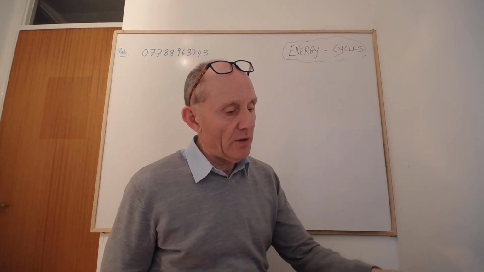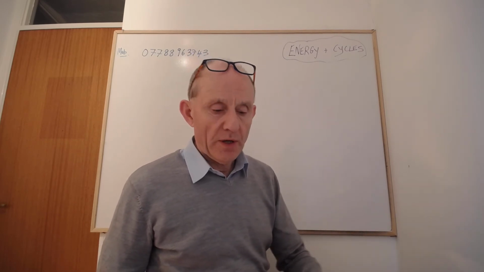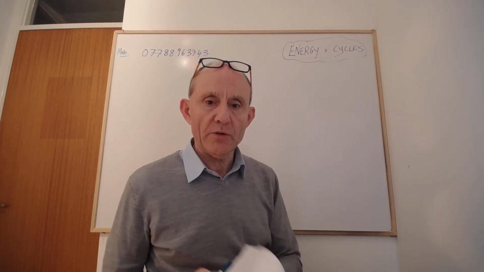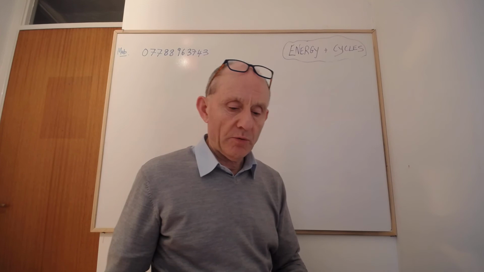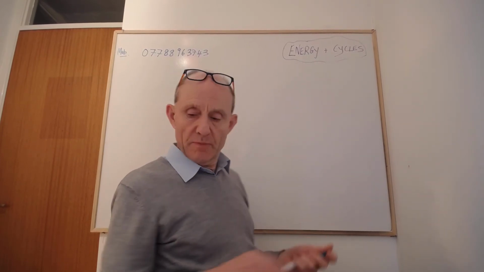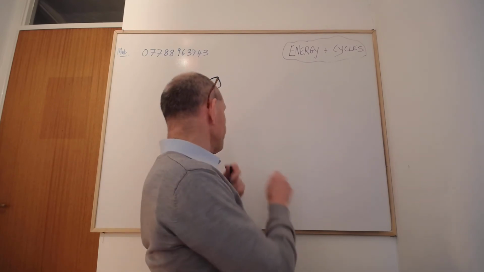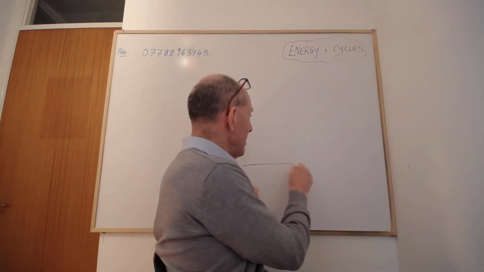In the notes there, I have a boxy type diagram of the nitrogen cycle, quite typical of what you get in exam questions, where you get a series of boxes with arrows between. But I'm going to do a pictorial version of it. Hopefully that might help you.